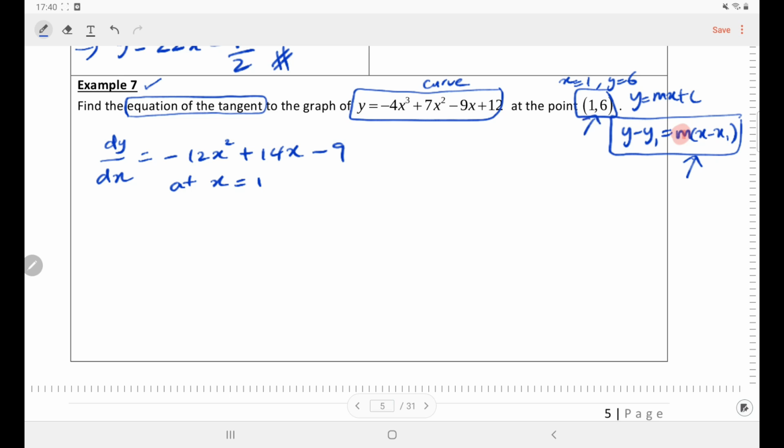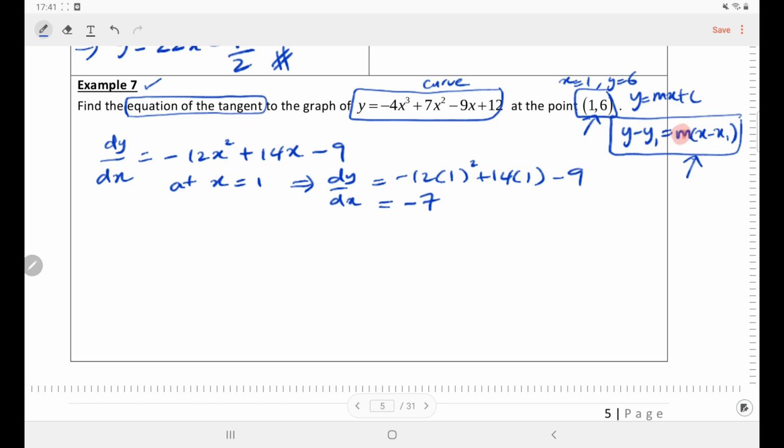Ni dia bagi okay, our dy over dx is actually equal to, okay, gantikan 1. Okay, jangan skip this step sebab ini adalah markah. Awak kena tunjuk, awak masukkan 1. Okay. So kita akan dapat negatif 12 tambah 14, 2 tolak 9, negatif 7. Okay, so kita akan dapat negatif 7 as our M.